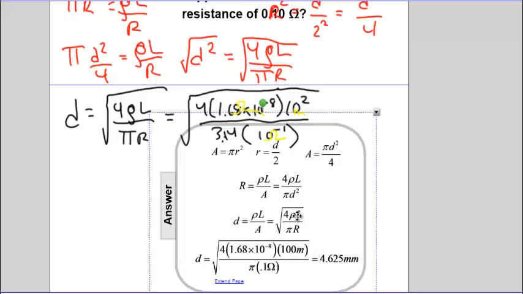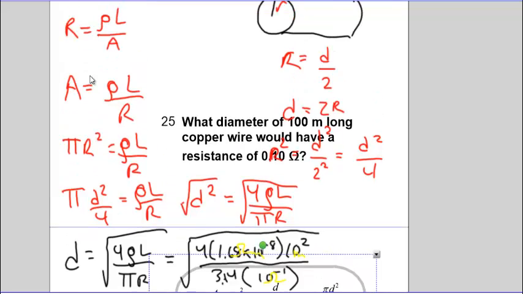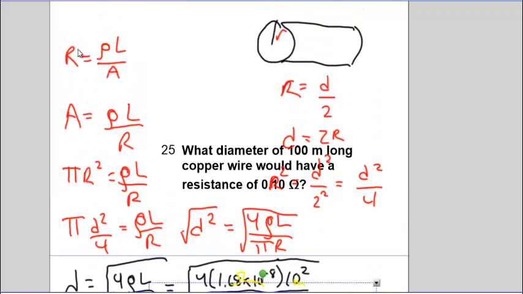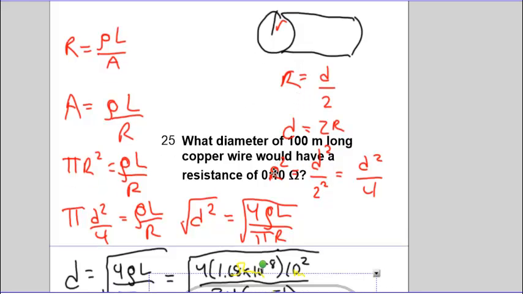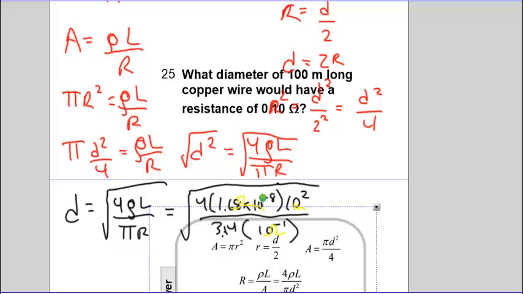That was intensive because it required a couple things. Number one, we had to start off with the equation for resistance, solve it for area. Once we solve for area, sub in pi r squared. Figure out what the diameter is in terms of the radius, plug that in, and then sub everything in.